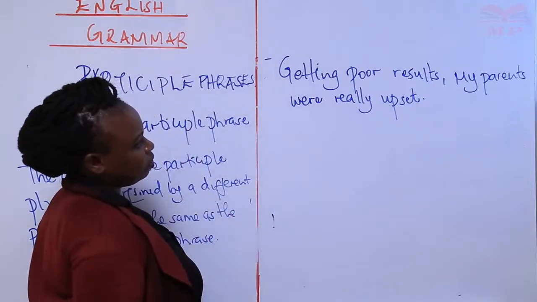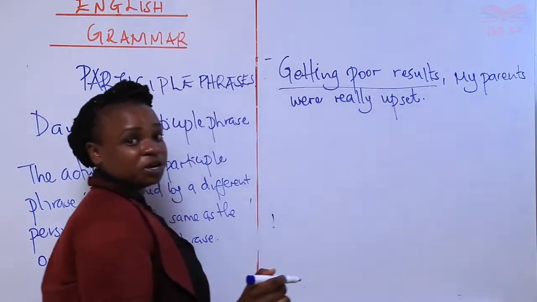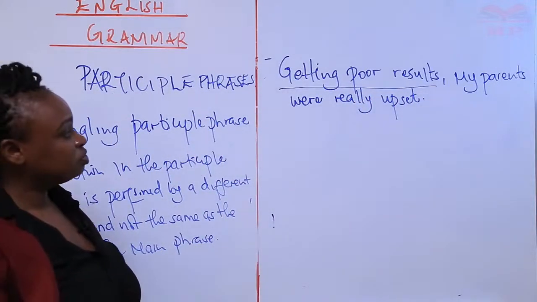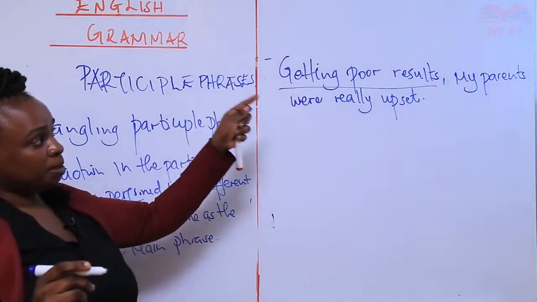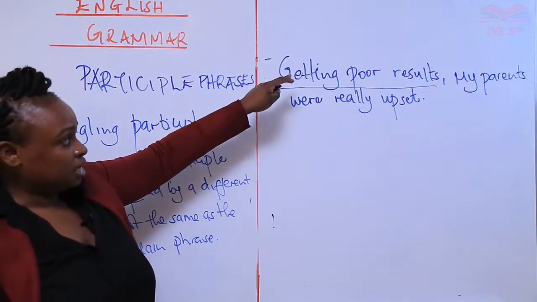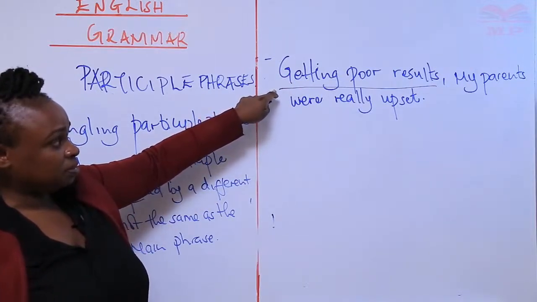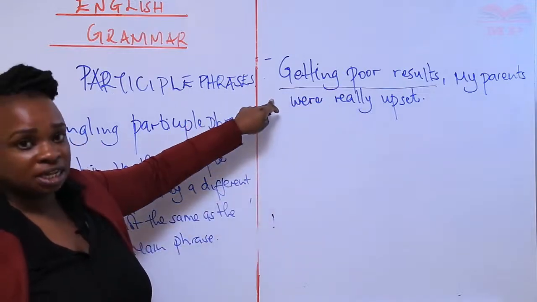Getting poor results, my parents were really upset. We've said that the two actions must refer to the same person. So this one is a dangling participle phrase. Why? Because the getting poor results is not the same person as the one who was upset. My parents are not the ones who got the poor results.